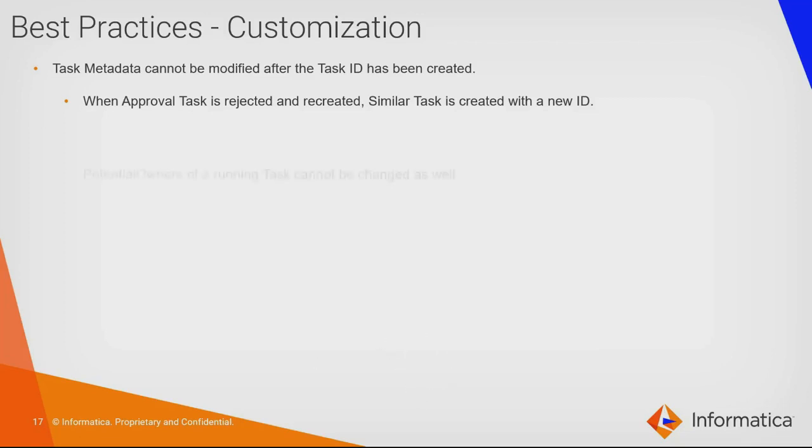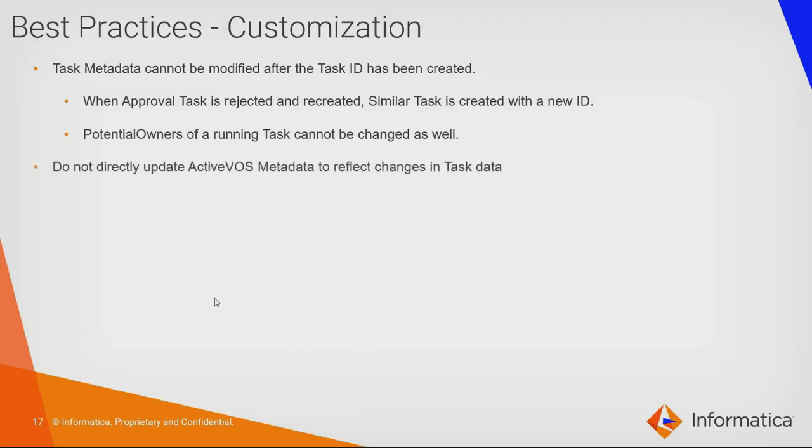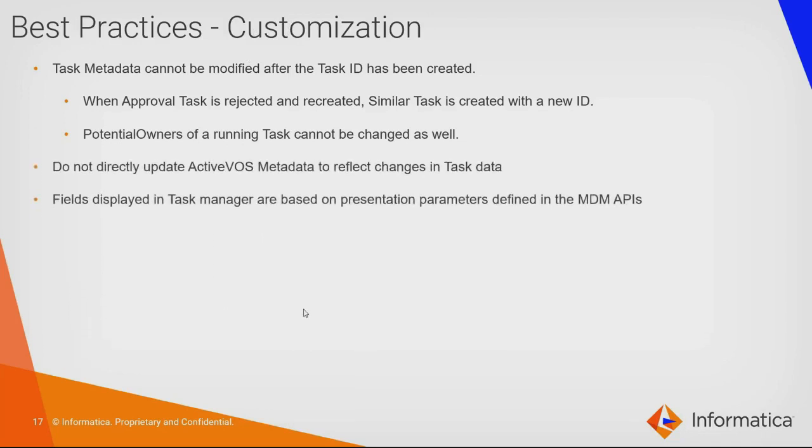Similarly, because task metadata cannot be changed for a running process, the potential owners of a running task can also not be changed. We do not recommend updating ActiveVOS metadata to reflect data changes, and the fields displayed in the task manager are based on the presentation parameters, but these can also not be customized.